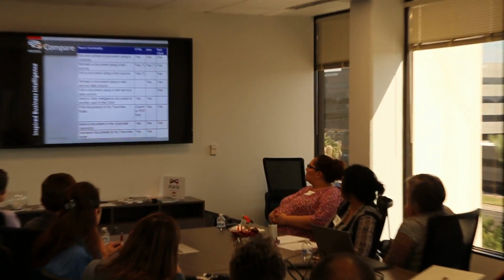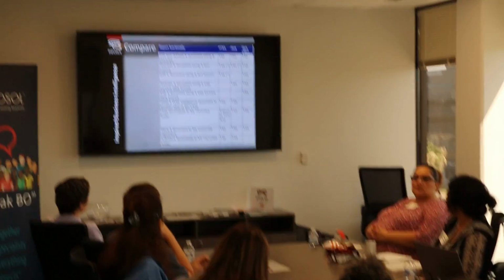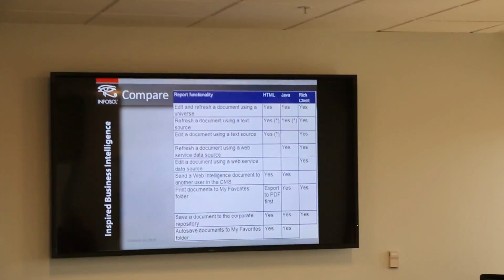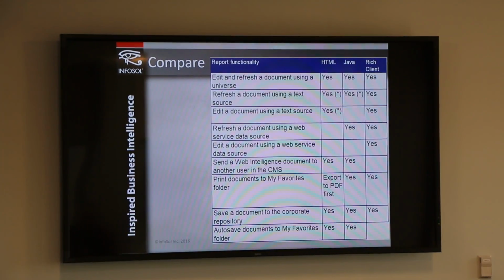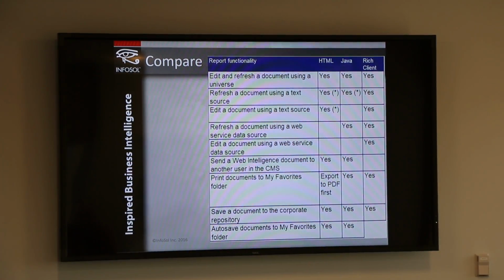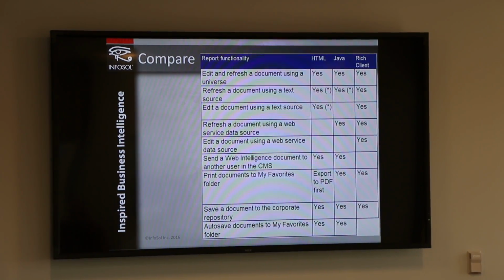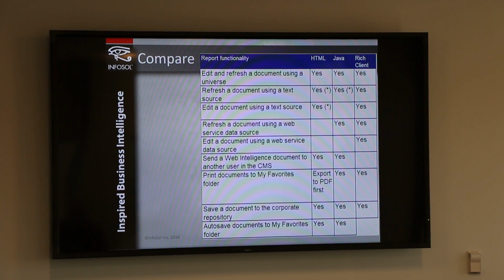Okay, so this is doing some comparison for report functionality. You can see there's a lot of yeses across the board, but some of them, like editing a document using a text source. Surprised that you can't do that in Java. The data web service is only available in Java and Rich Client.